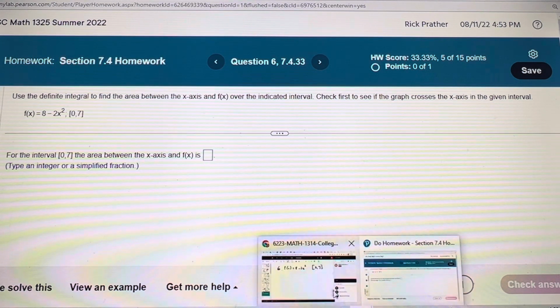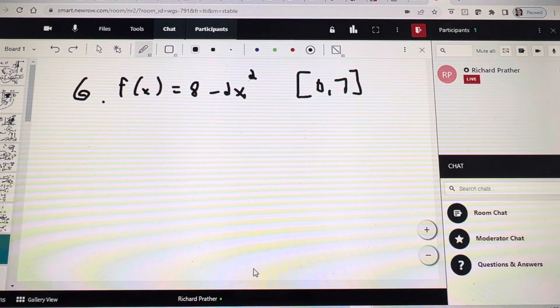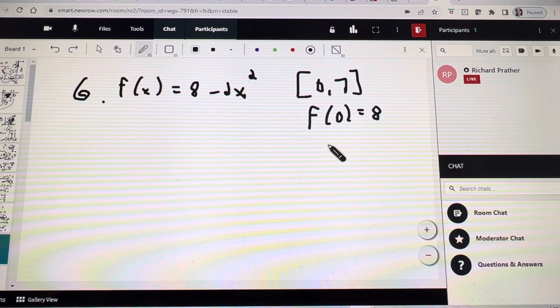So then we need to find any cross points on the x-axis so we can separate areas into above areas and below areas. F of 0 is definitely 8. F of 7 is not so obvious, but 7 squared is 49, times 2 is 98, 8 minus 98 is negative 90.